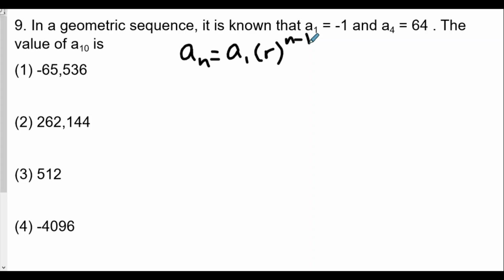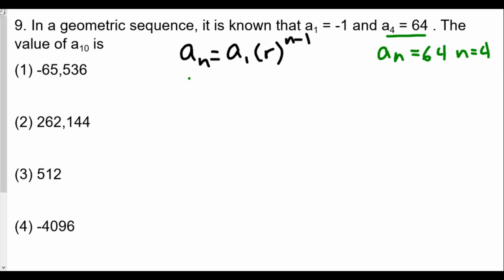We do not know what the R value is, but that can be calculated. Because if we know A4, that means A of n equals 64 when n equals 4. And so we'll use this to help us find our missing R value.